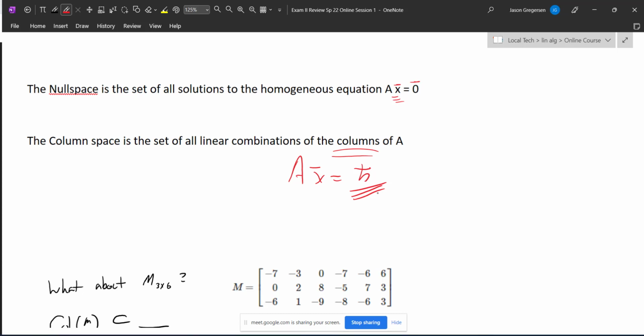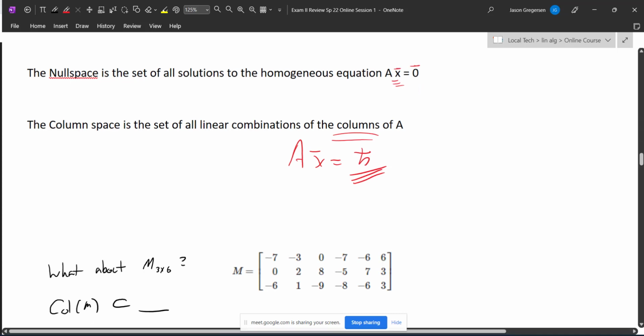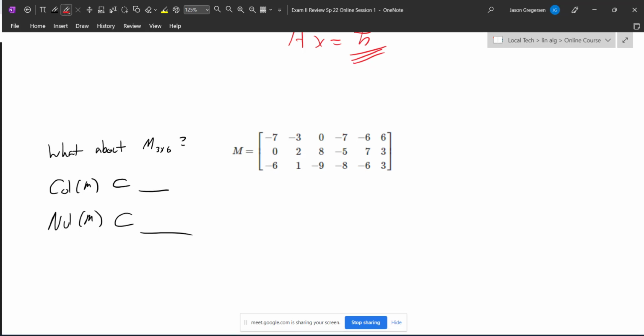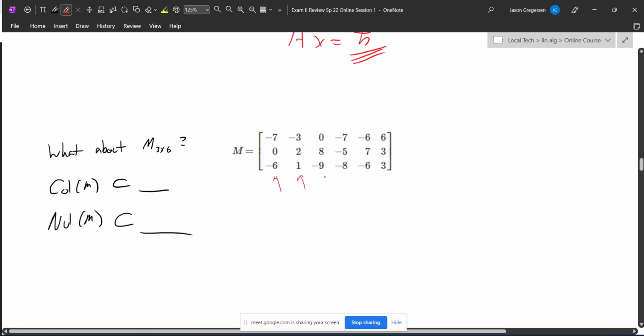So given some matrix A, we should already know the dimensions of x and the dimensions of b. So we should know that the null space is a subset of what larger vector space, and the column space is a subspace of a larger vector space. So for instance, here's my matrix M, and I see that all of the columns of M are vectors that live in R3.